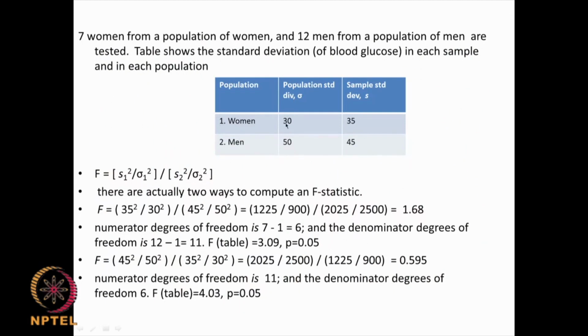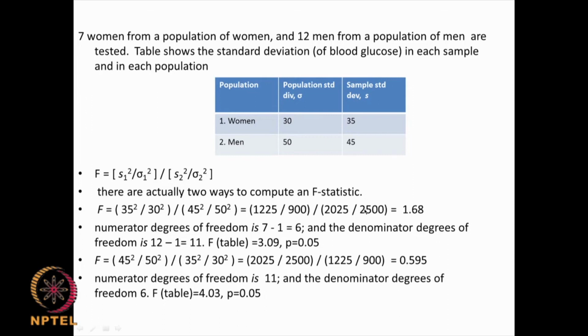Now, notice instead of putting women on top here, I can also put men on top and women at the bottom. So, it can be 45 square by 50 square divided by 35 square by 30 square. So, I will get a different F value, note that. Now, the F value is 0.595, but then I should look under numerator degrees of freedom 11 and 6. Did you notice that?